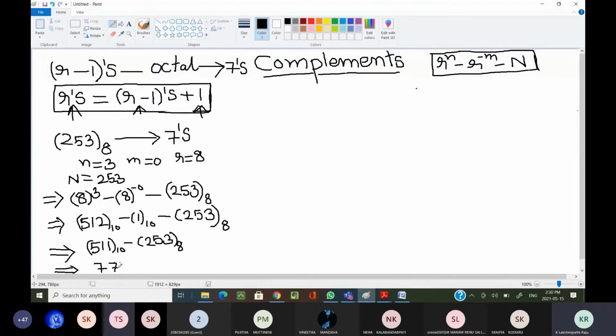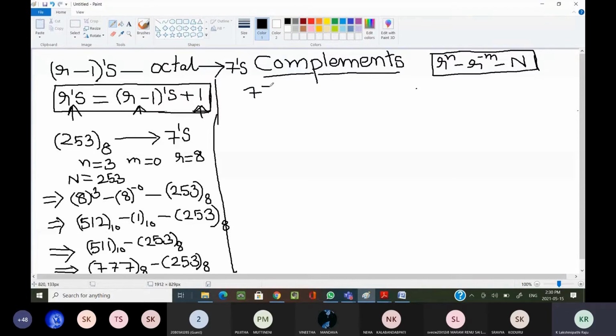If I convert that into octal, I am getting the result as 777 minus 253 of base 8. Now remaining everything is the same.